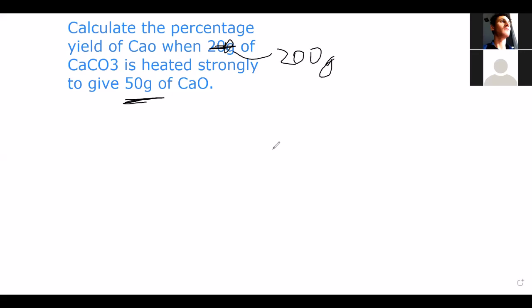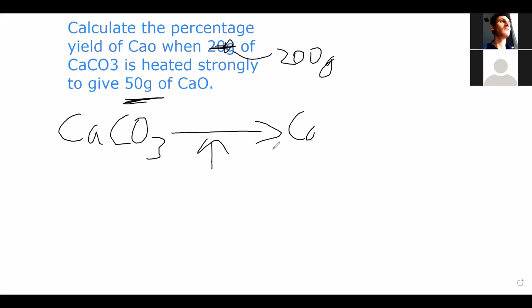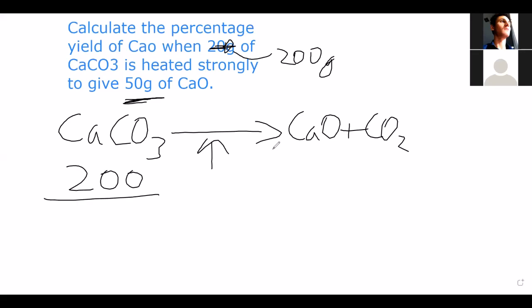So first we'll write the equation. Calcium carbonate on decomposing gives calcium oxide plus carbon dioxide gas. First we'll find the moles of calcium carbonate. For that we'll divide 200 by the MR. The MR will be 40 plus 12 plus 3 times 16.